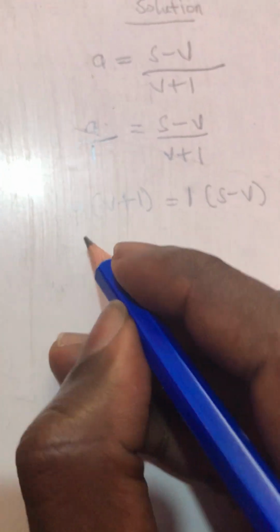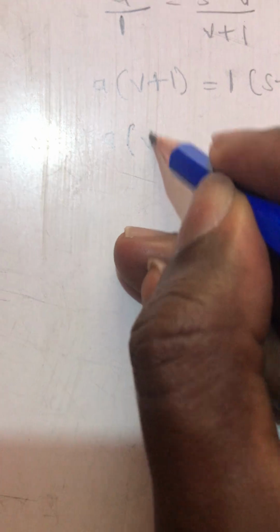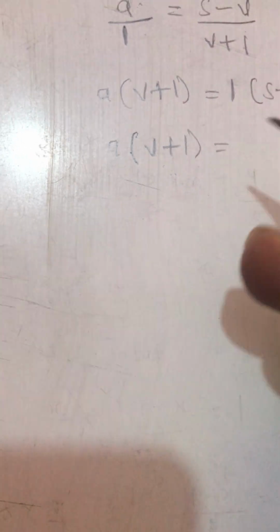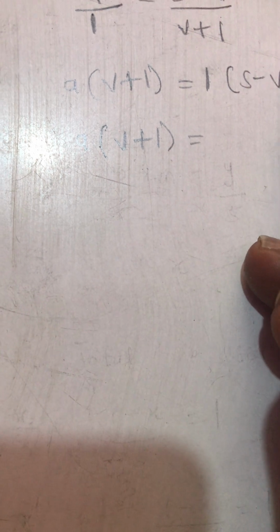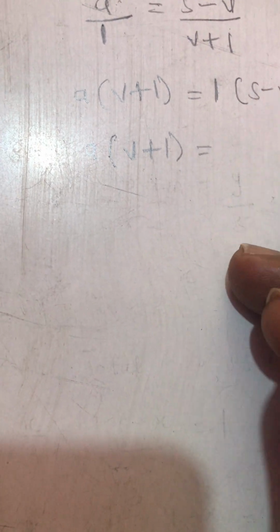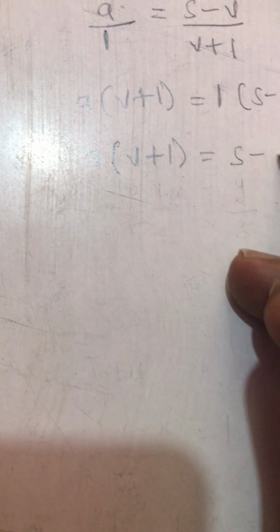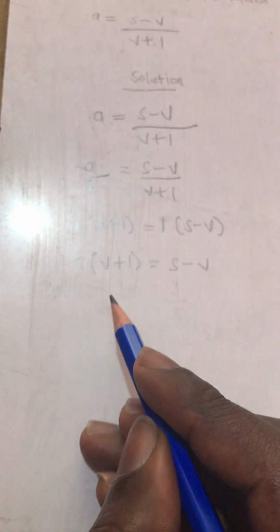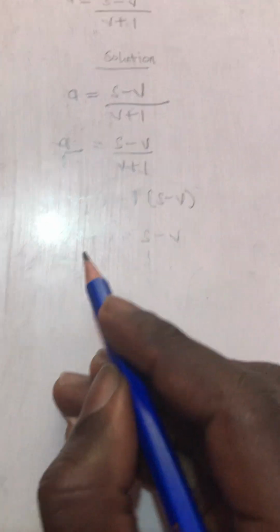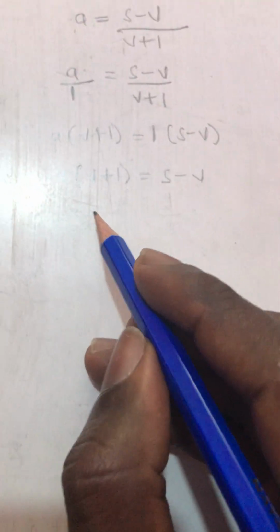So we are going to have our equation to be a multiplying (v plus 1) equals, any number multiplying another number is that same number, so 1 multiplying (s minus v) is s minus v, right? So here, when you reach this side, what you have to do is to expand, right?